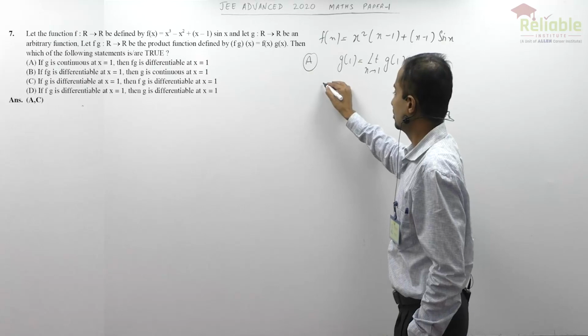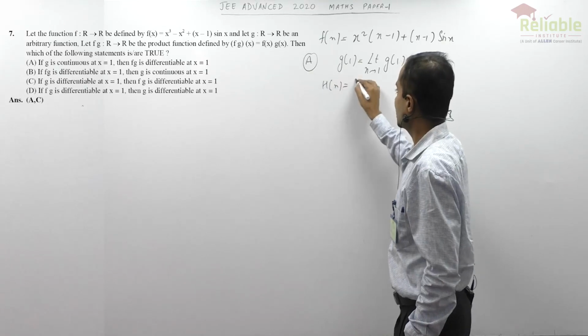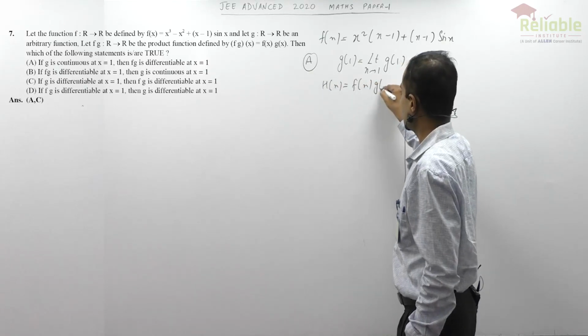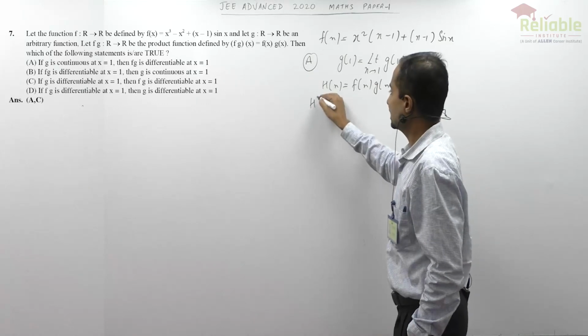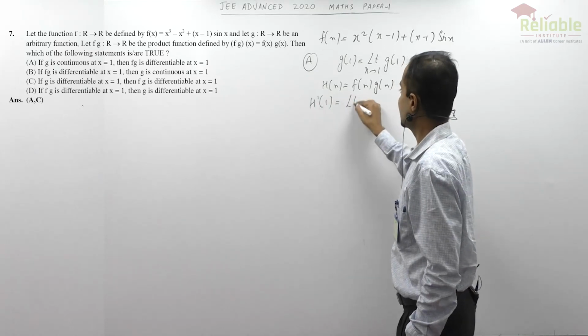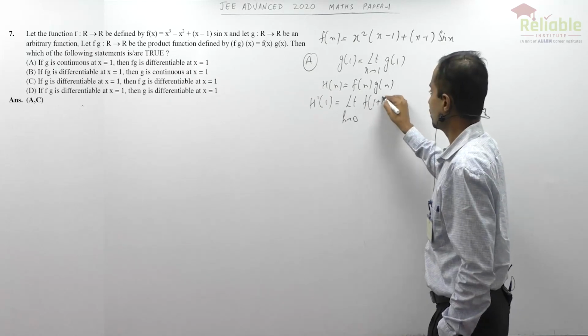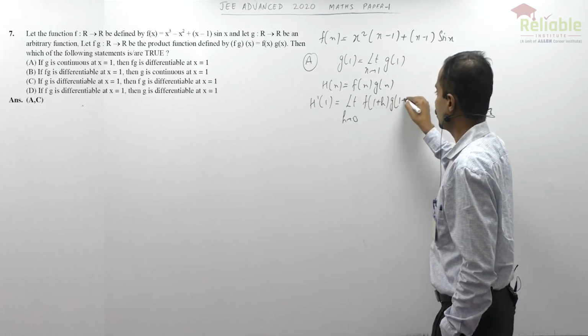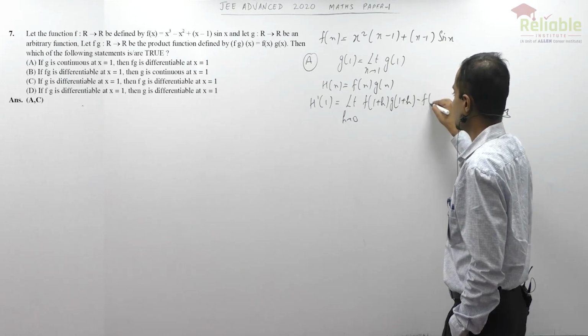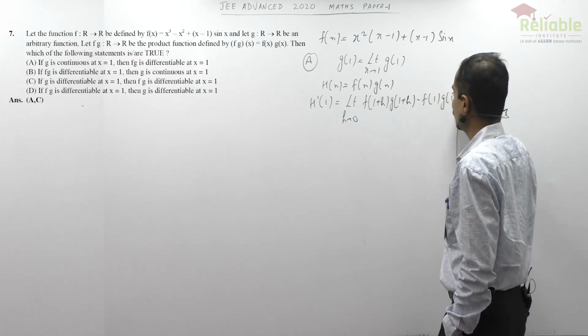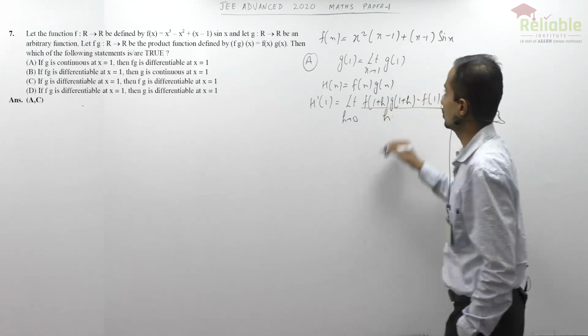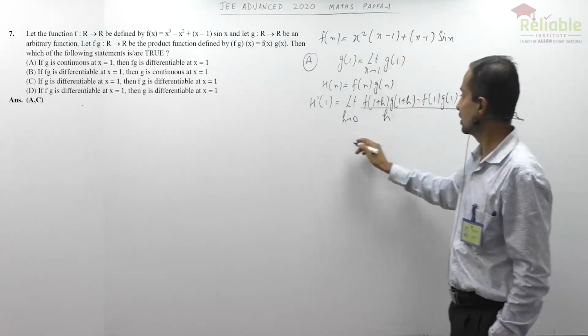So if we talk about f(x) into g(x), what is h'(1)? It is the limit as h tends to 0 of [f(1+h)g(1+h) minus f(1)g(1)] by h. Now f(1) is clearly 0, right?